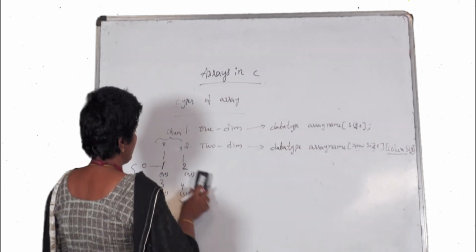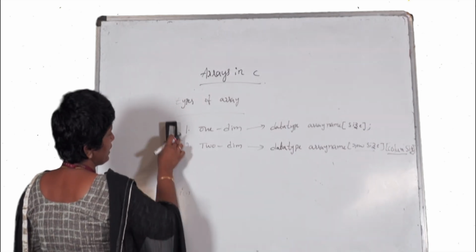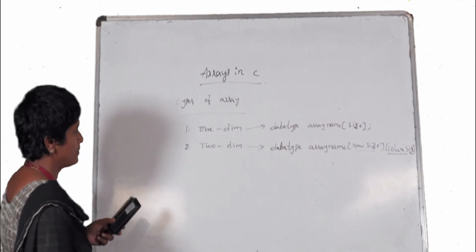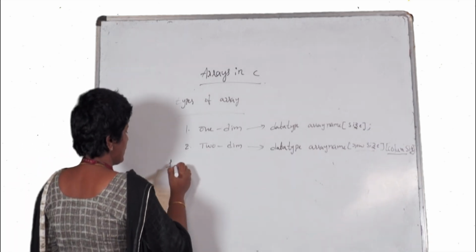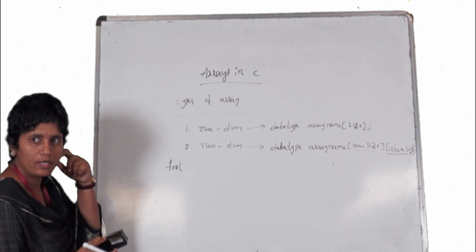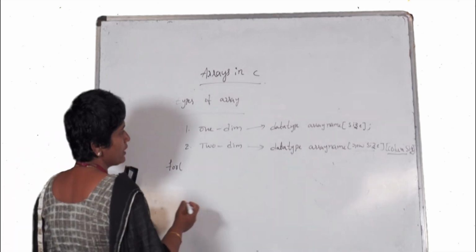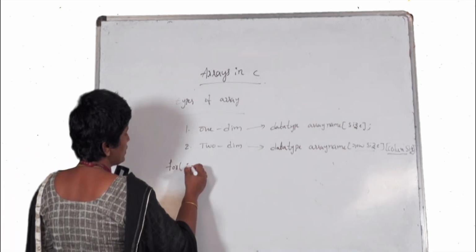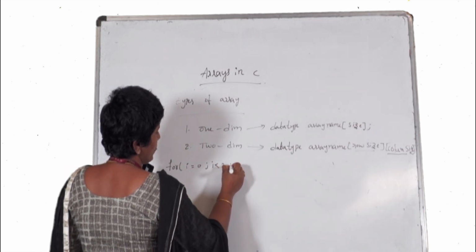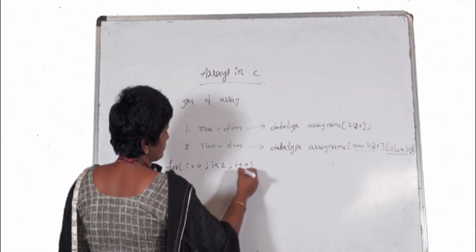So in two-dimensional array, how can we read the elements? Same thing. For row, one for loop: i equals to 0, i less than, suppose 2, i plus plus.